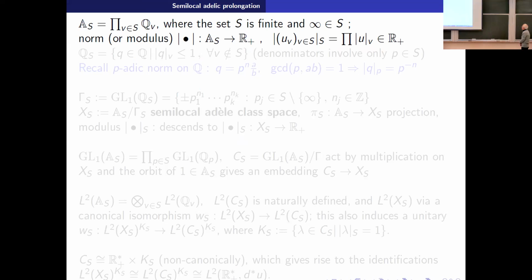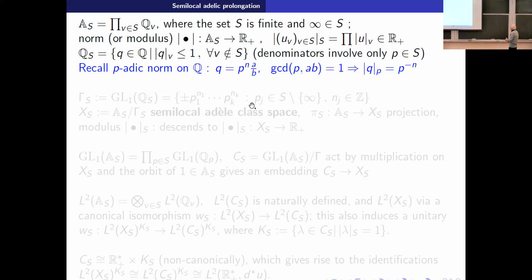Okay, so now I explained what happens with the scaling cyclic pair in the Archimedean place on R. We want to promote everything to the semilocal framework. And so I'm just repeating what Alain said about the semilocal.